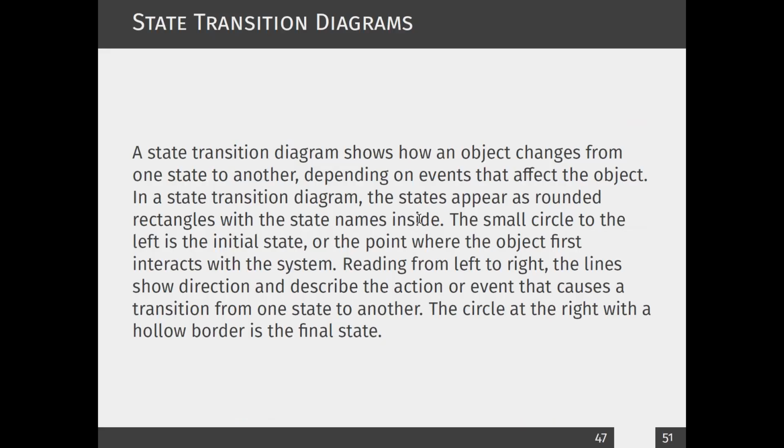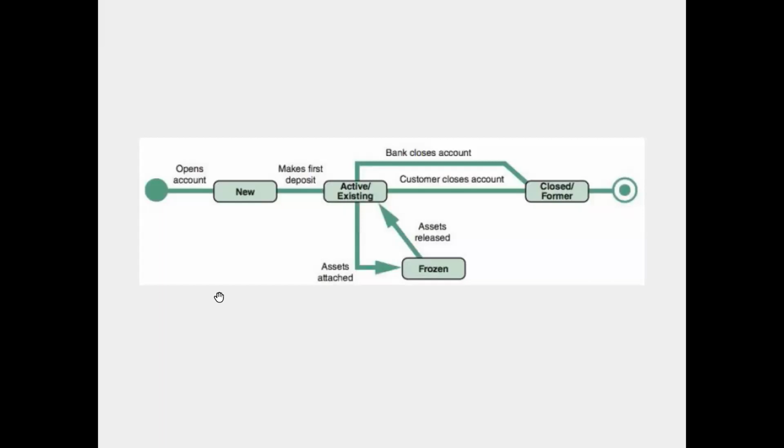Next, we have state transition diagrams. What a state transition diagram means is the object can change from one state to another. So for example, when you take a bank account, initially when you create the bank account, it will be a new bank account. But then you ask to have annual access, right?